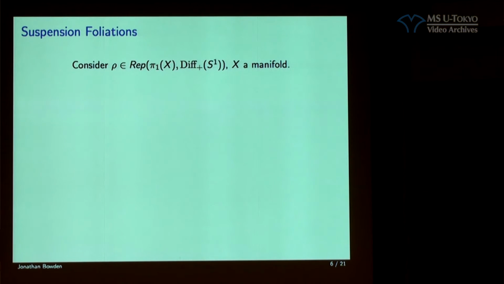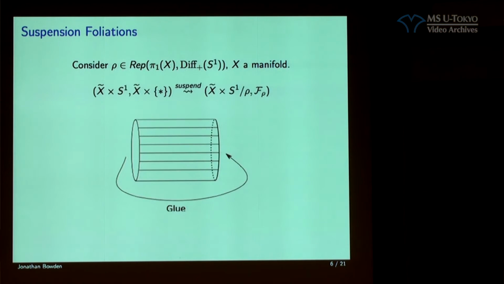And of course, you can suspend that to get an interesting foliation. So just as a reminder, I can take the universal cover of my manifold, cross it with S1, that's nicely foliated. And then I take the action given by the diagonal action, where I act on the universal cover by deck transformations, and on S1 via rho. And then I descend to the quotient to get a nice foliation.